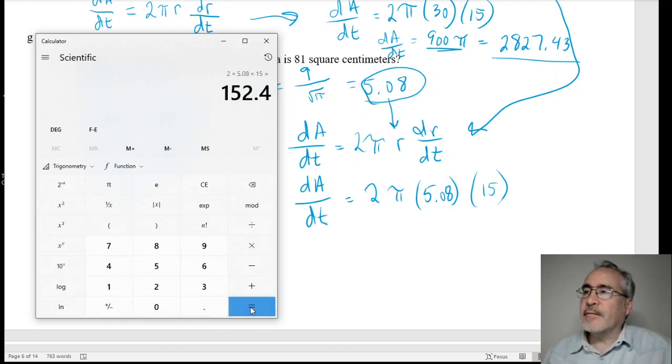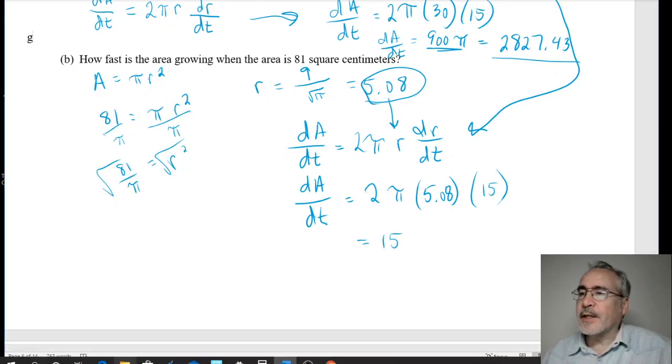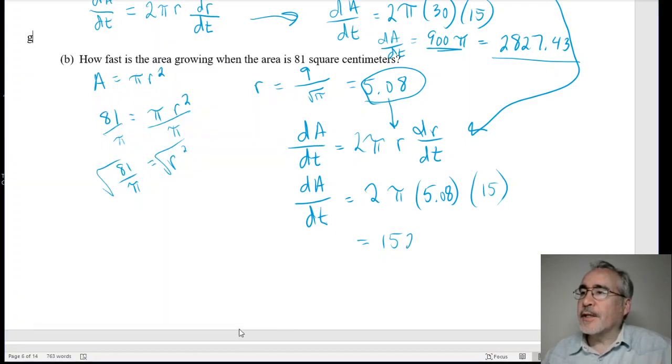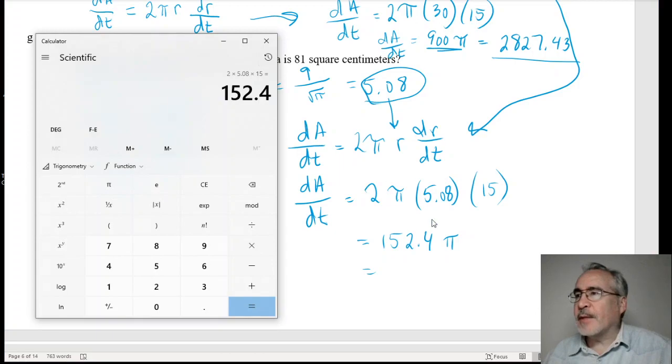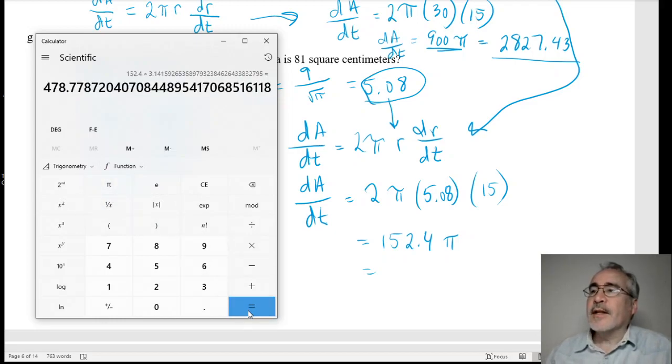So you could write it as 152.4 pi, but it's not really exact anyway because we've rounded here. So let's go ahead and multiply that times pi. 478.78.